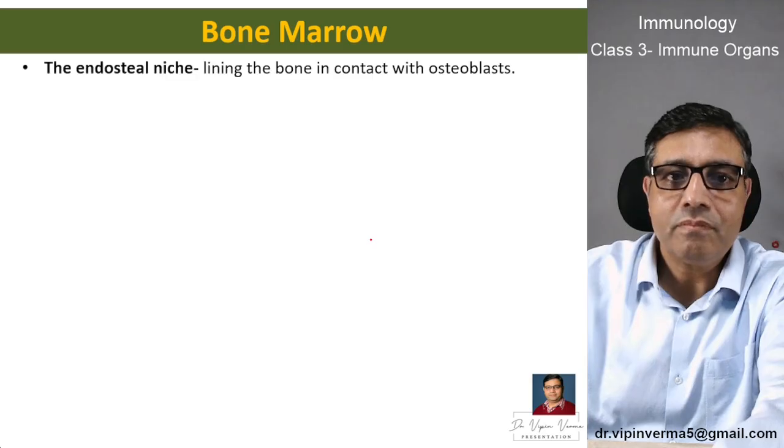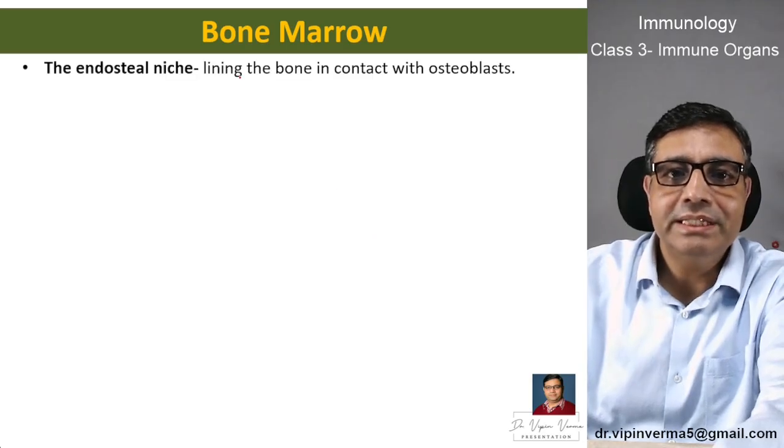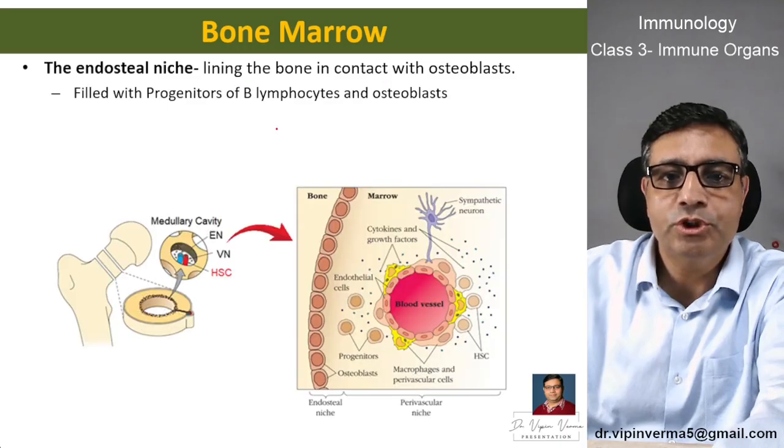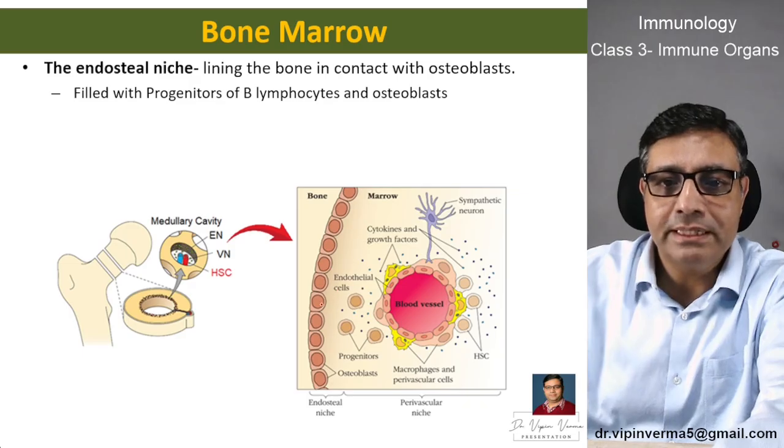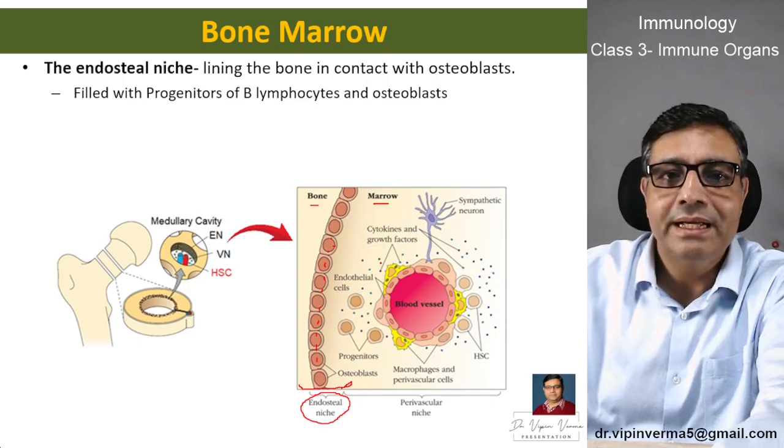Okay. Now, the endosteal niche is the lining of the bone in contact with the osteoblast. When we magnify it further, this is the bone, this is the marrow, and these are the osteoblasts. This is the whole lining of the osteoblasts, and near this lining we have the endosteal niche. You can see from here to here we have the endosteal niche.